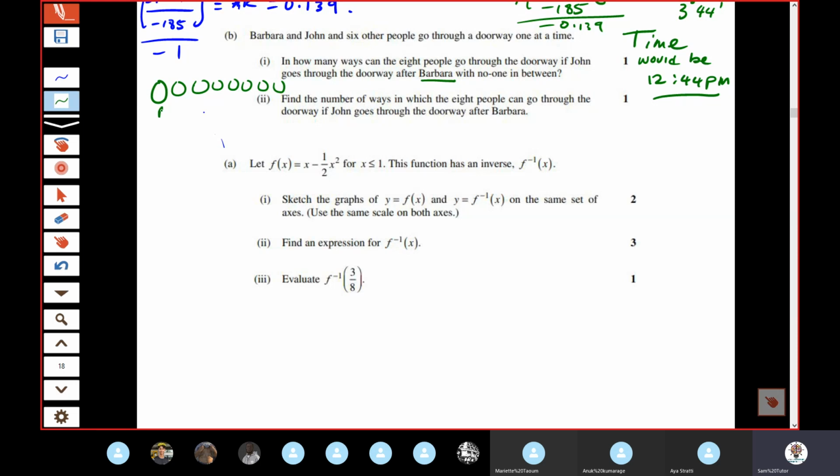Well, you could have done B and J plus B and J plus B and J, and so on, all this amount of times. Or could you do 1 minus the probability of John before Barbara? Don't forget, now that you've learned two things, be careful.